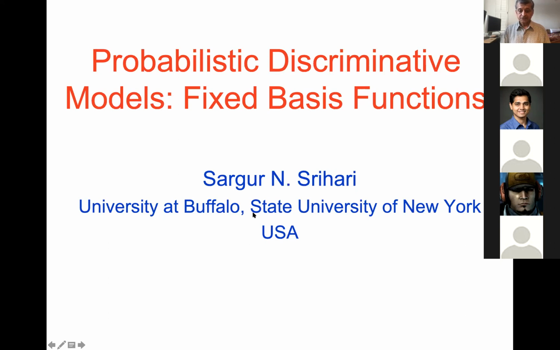Probabilistic discriminative models, fixed basis functions. So we just finished discussing probabilistic generative models. The main lesson to be learned there is that probabilistic generative models go about modeling the probability distribution. Keep in mind, machine learning is all applied statistics.